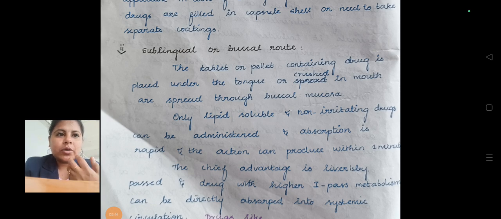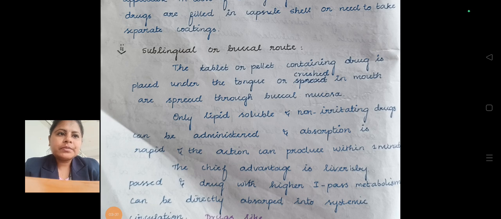The drug enters the body within a minute. Only lipid soluble and non-irritating drugs can be administered, and absorption is rapid. The action can be produced within a minute.